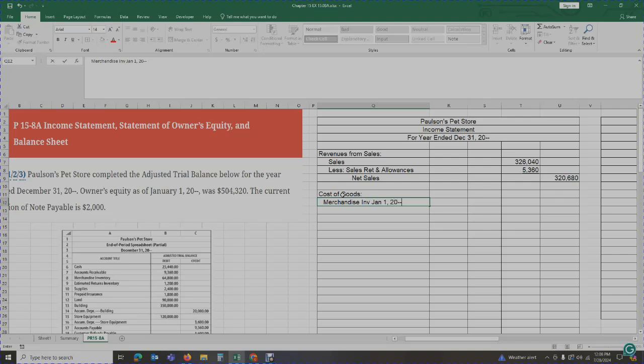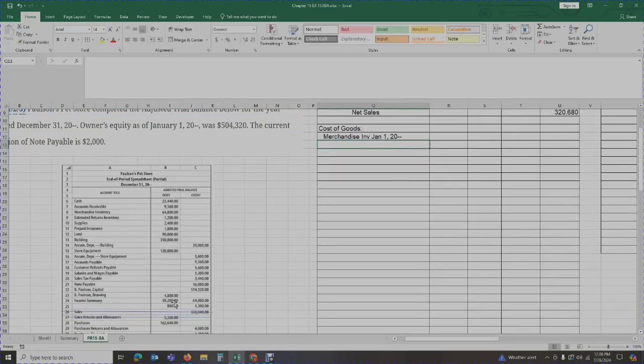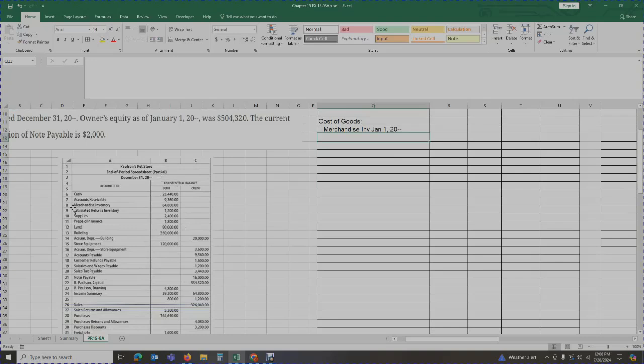So with how much inventory did you begin the year? Now if we look at the spreadsheet, we have merchandise inventory as of December the 31st. That is not the starting point, so where are we going to get this number from?